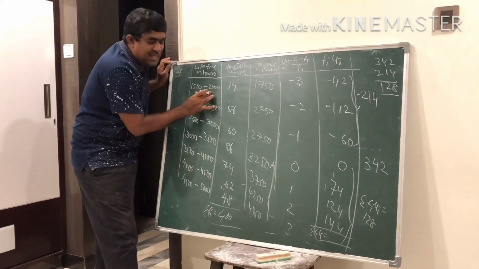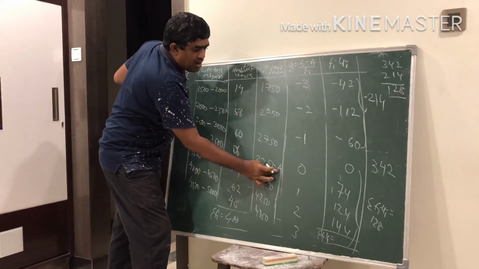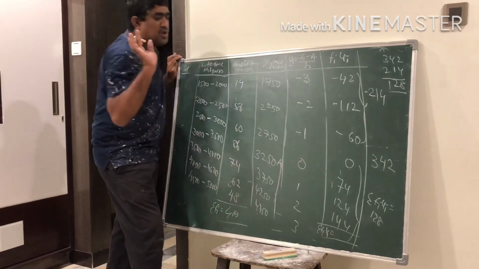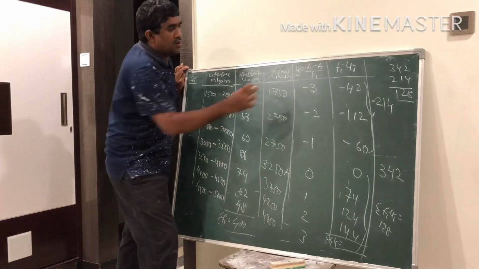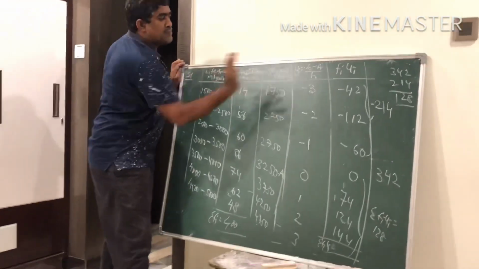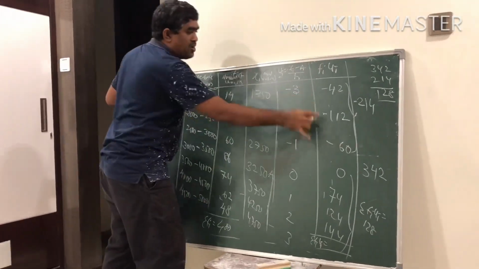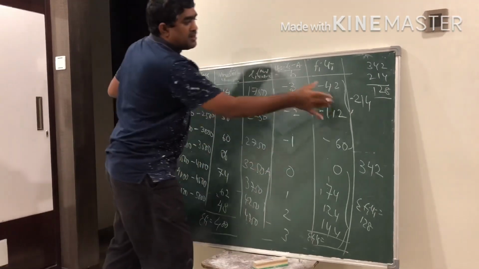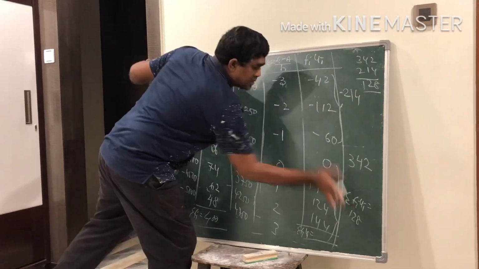H means length of the class. Simple. First one. Wherever you want to take an a, there you will get 0, no doubt. Anywhere you can take a. So 0. Up is minus, down is plus. Compute mu i. Then fi mu i. You got here. All these minus you have to add. All these plus you have to add. Subtract. You got this.